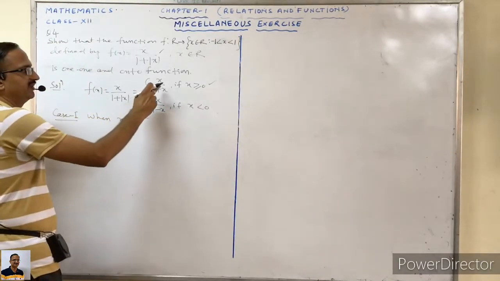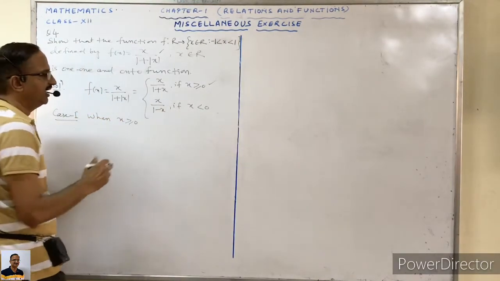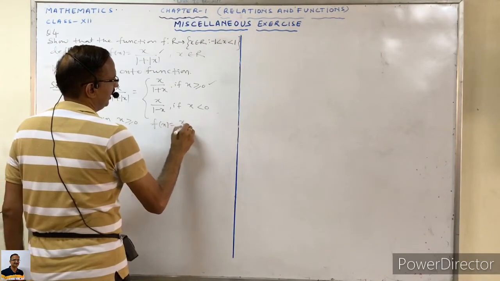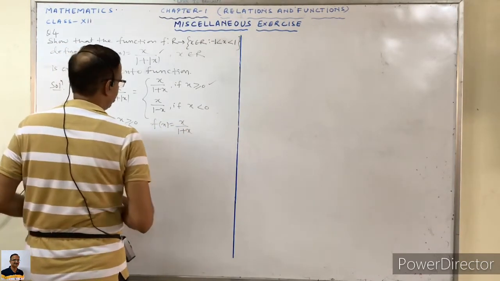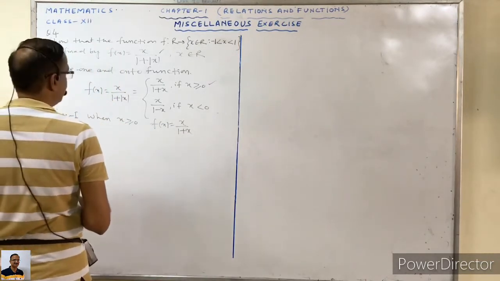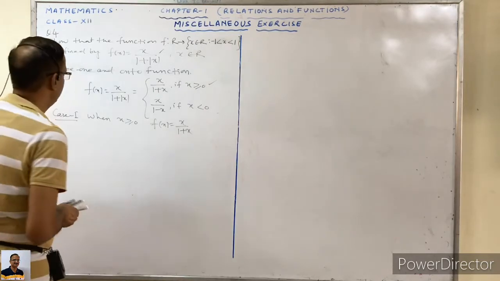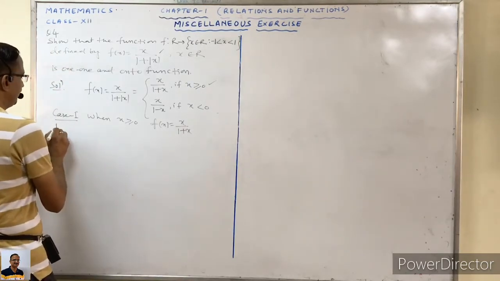So we will consider the function x upon 1 plus x. This is the function that we are using in the first case. So first of all we will discuss injectivity.